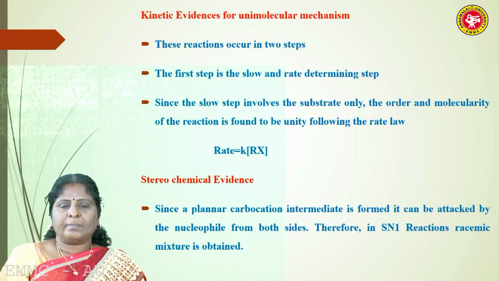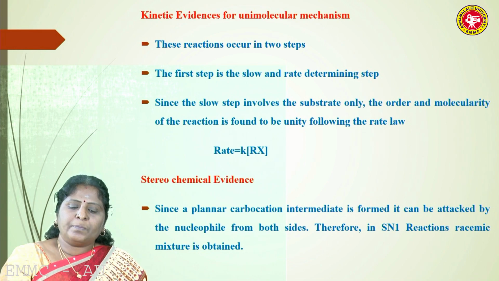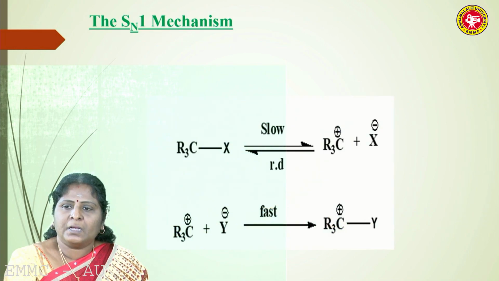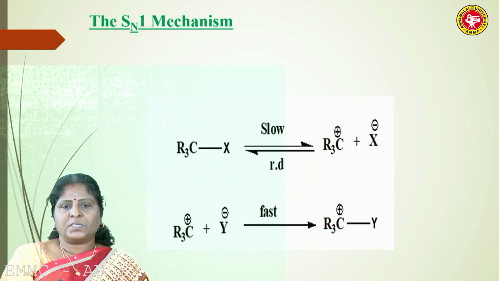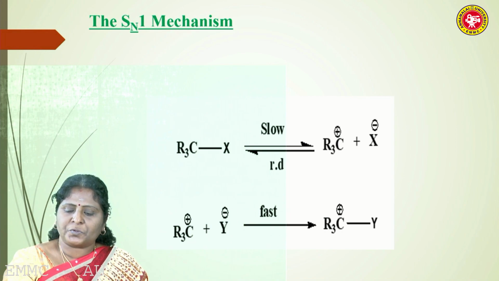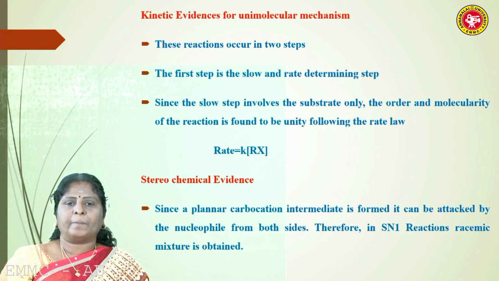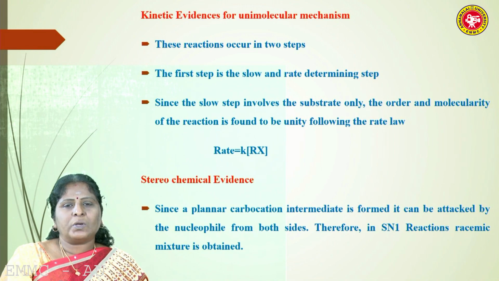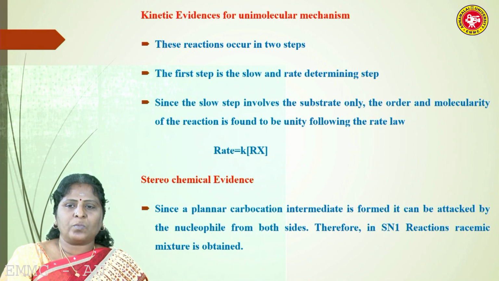The second major evidence comes from the stereochemistry. In the previous slide, we have seen that during the rate determining step, a carbocation is produced. That carbocation has a trigonal planar shape. So the incoming group in the second step has to attack the carbocation.